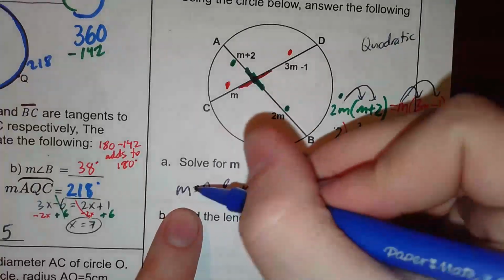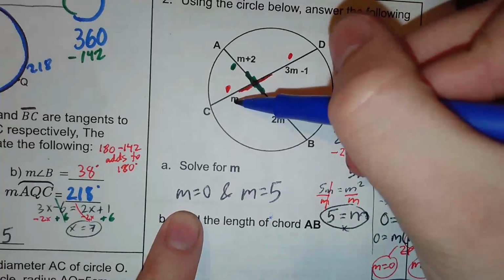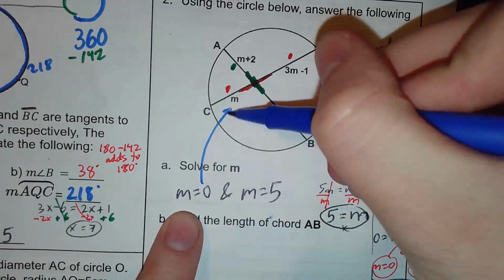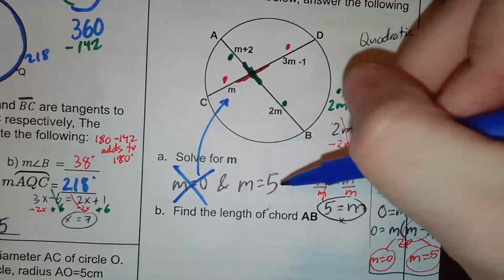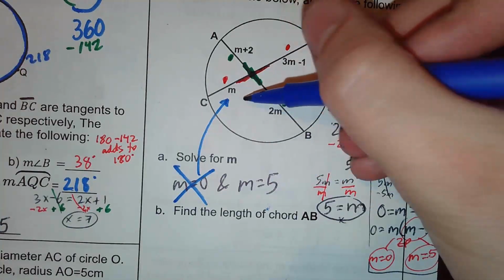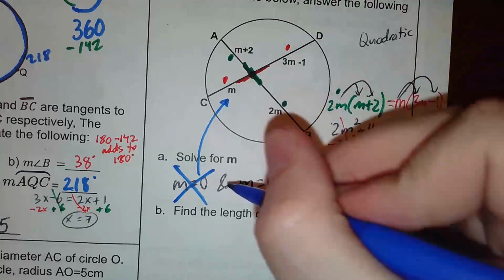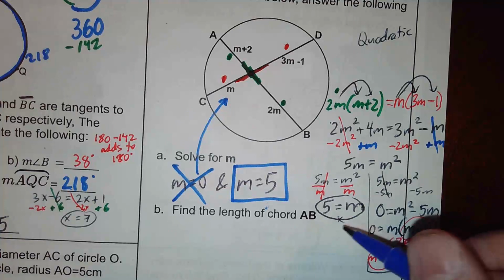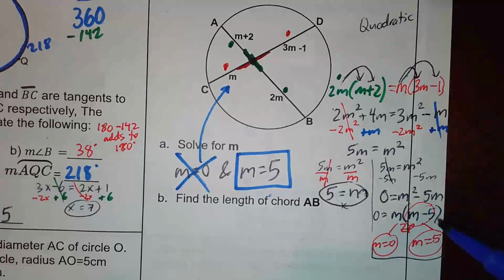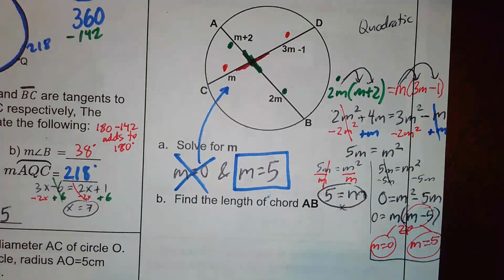Basically, if we set m equals 0, could the length of this guy be 0? Impossible. Could the length of this guy be 5? Yes. Now we're talking. So the real answer, even if you did it this way, you kind of lucked out. The only answer is 5 for that one.